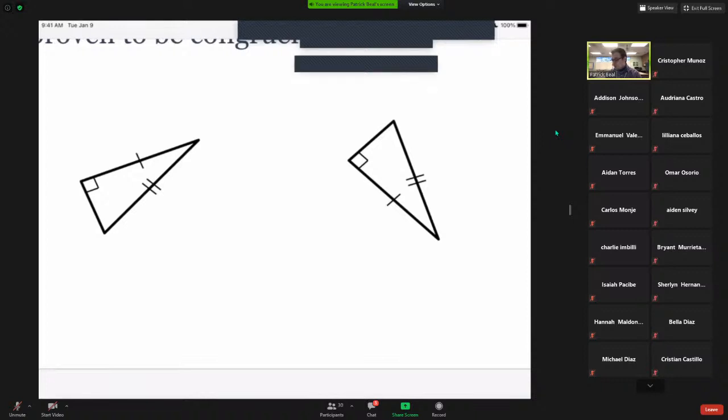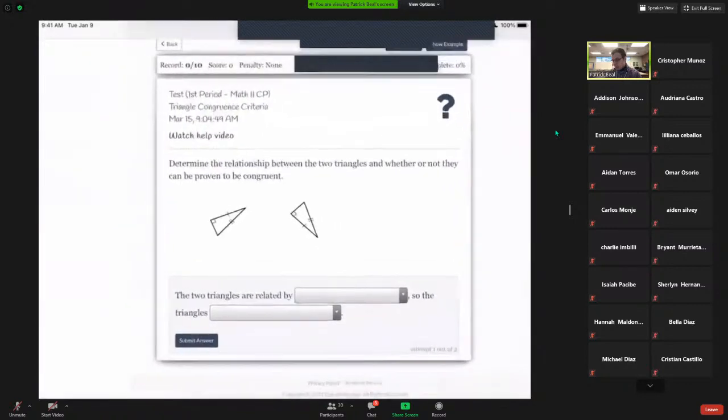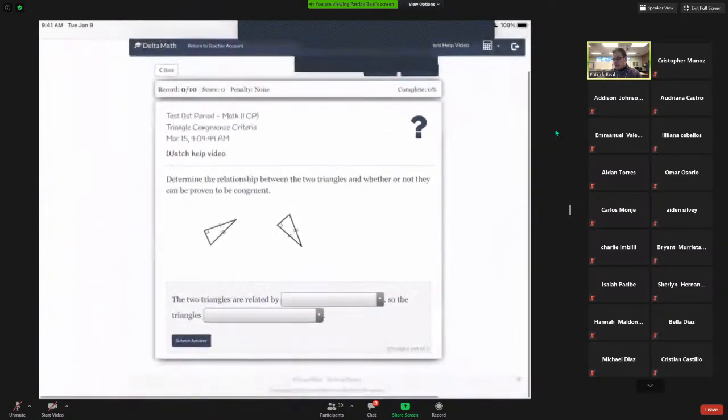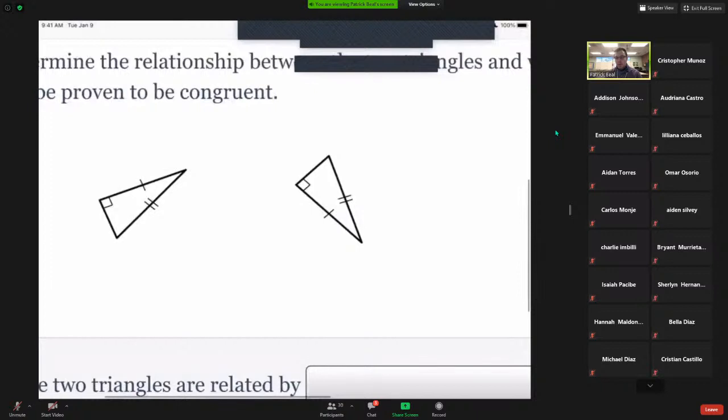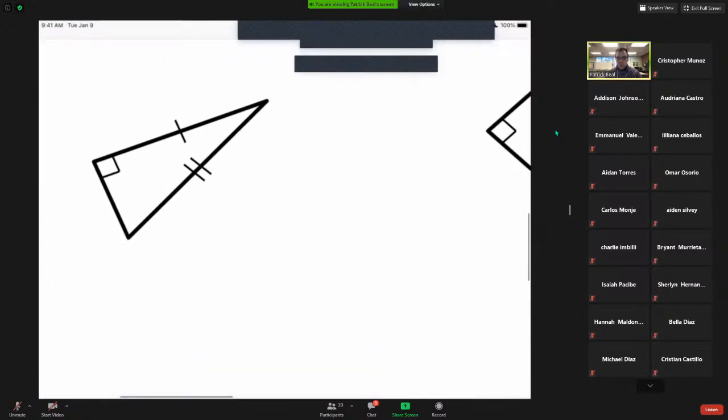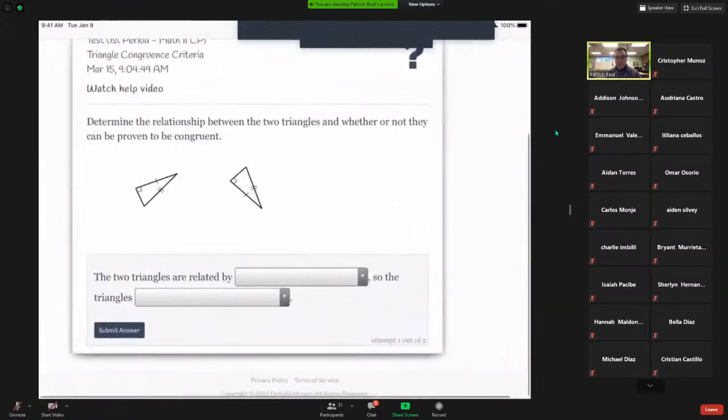This is probably not the best first example. This is what we would call side-side angle. We have two sides that are next to each other and then an angle. And side-side angle is not enough information for, well, actually we have a 90-degree angle in there.